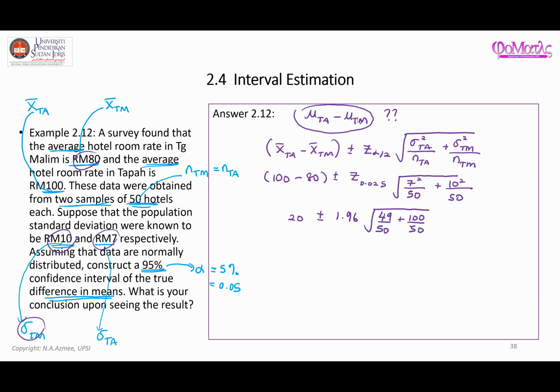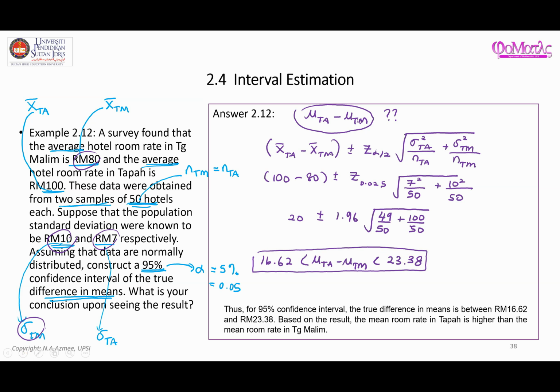And if you punch these values into your calculator, you can write down the final answer: mu Tapa minus mu Tanjung Malim is going to be between 16.62 and 23.38.